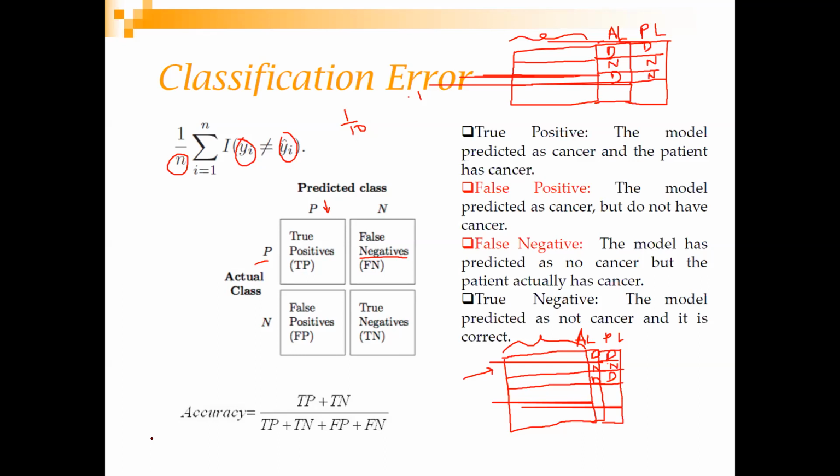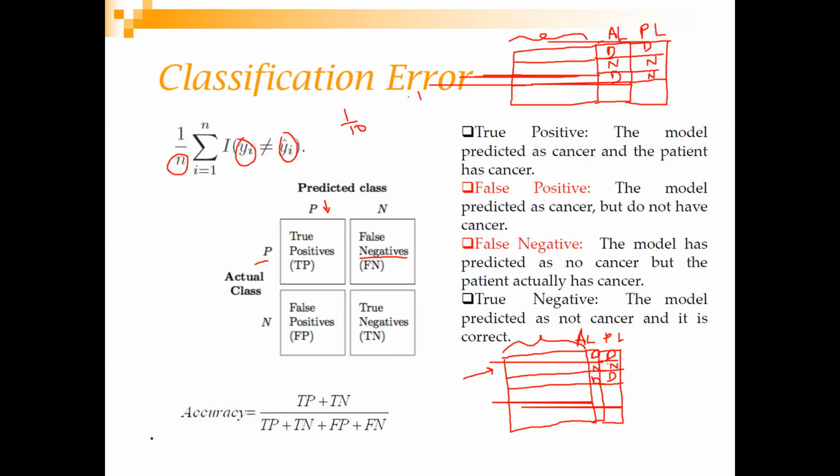Excellent. So now there is something more to discuss. Basically, when I'm making an incorrect decision, I am making an incorrect decision in the cases of false negative and false positive, right?